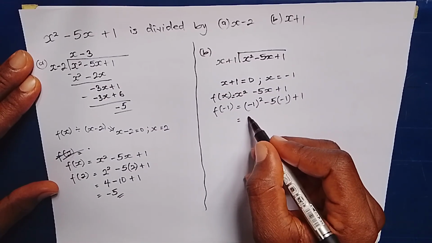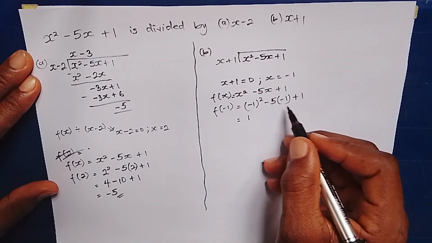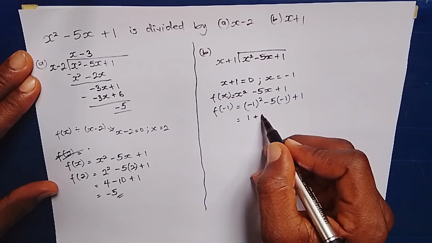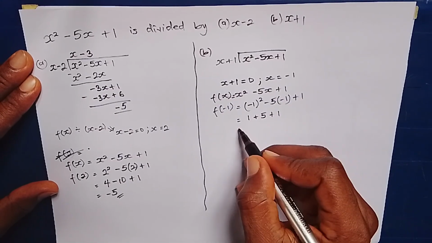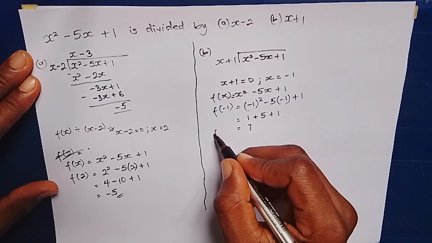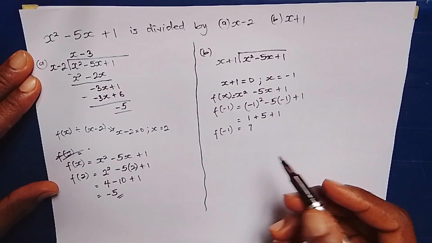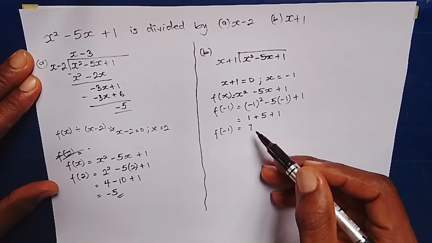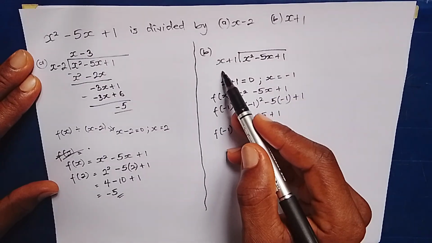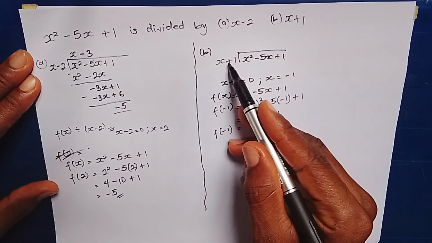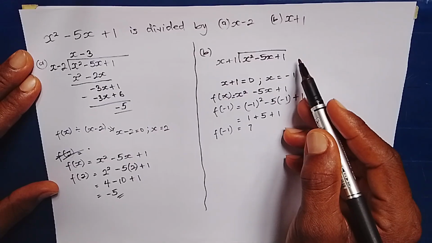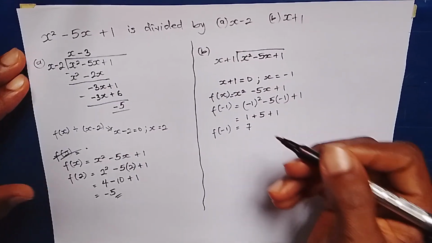So you have minus 1 squared is 1. Minus 5 times minus 1, we have plus 5, plus 1. So we have 7. F of minus 1 is equal to 7. What this means is that by the time you do your long division, you will have a remainder of 7. So that is that on remainder theorem.